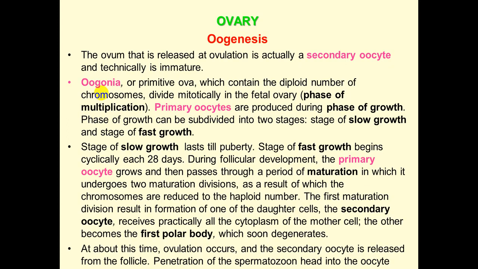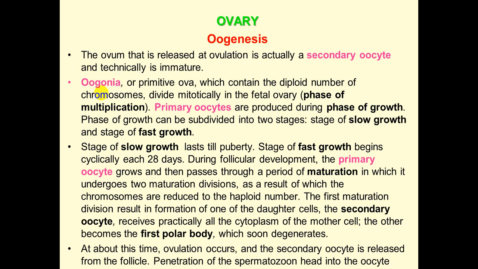Oogonia, or primitive ova, have the same origin as the spermatogonia. They develop from the gonoblasts, which come to the genital regions from the yolk sac. But the mitotic division of female sex cells can take place only in the fetus.